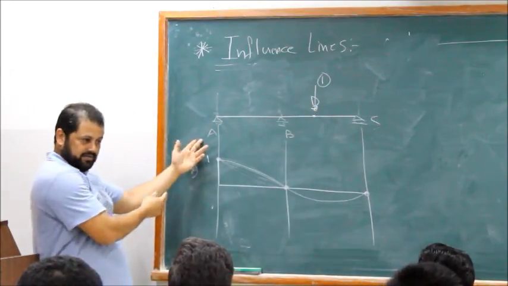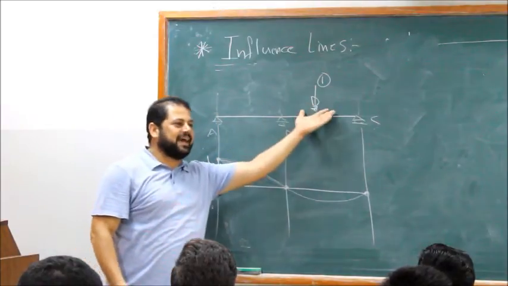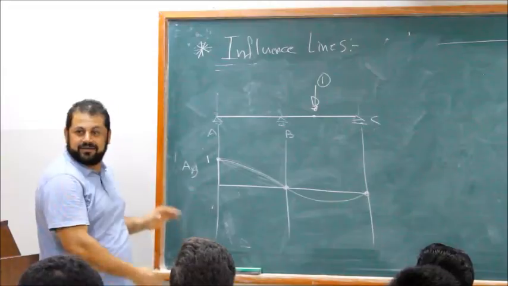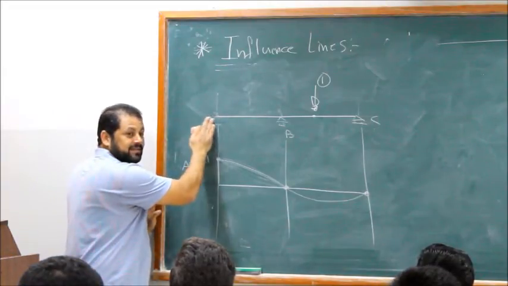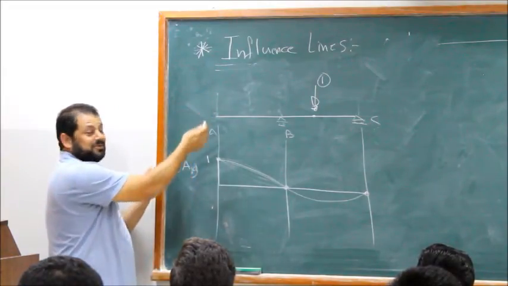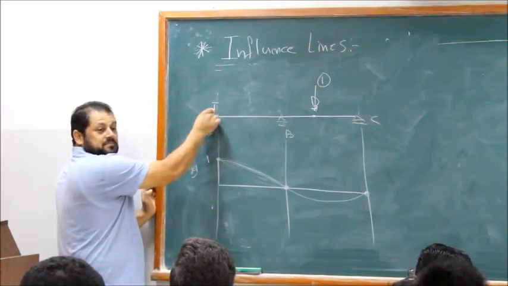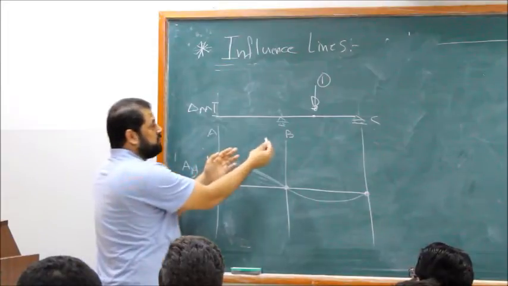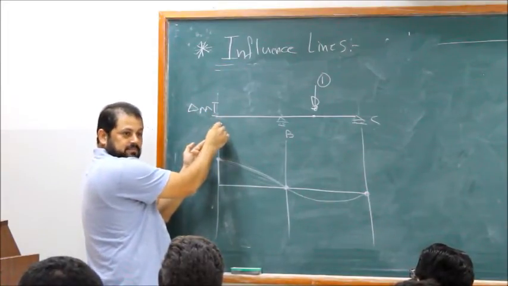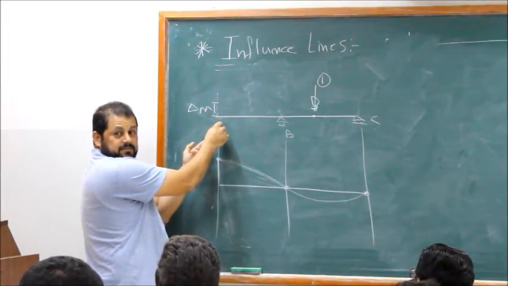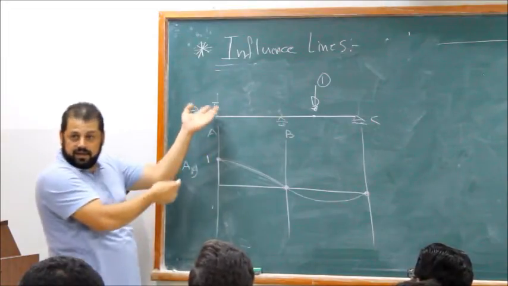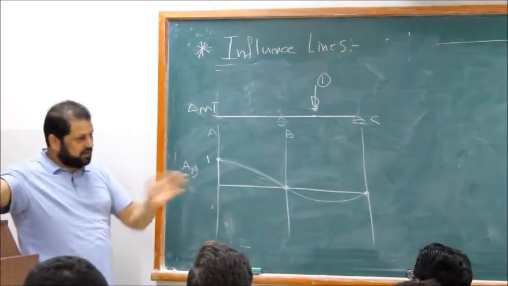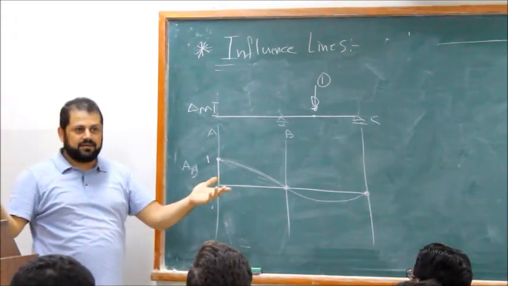How do we calculate AY? Remember, we remove the redundant. We solve this one to find the reaction. Then we put one unit load here, calculate FAA, and by compatibility, AY times FAA equals 0, we calculate AY.